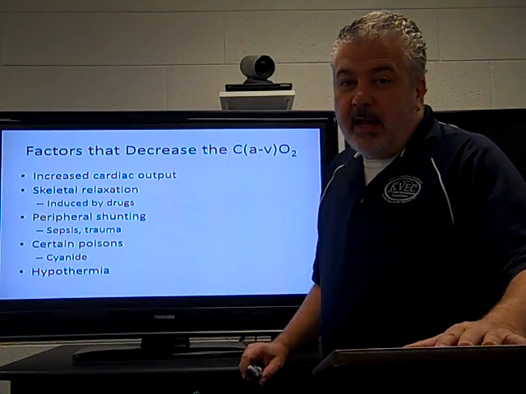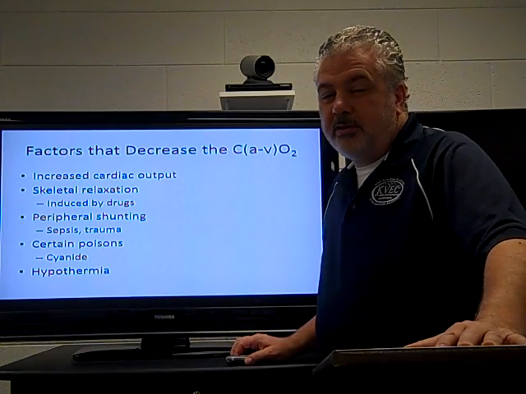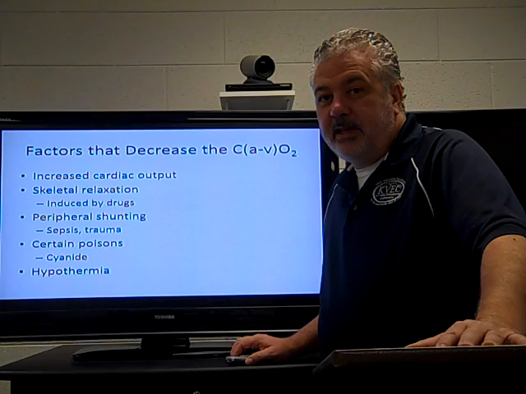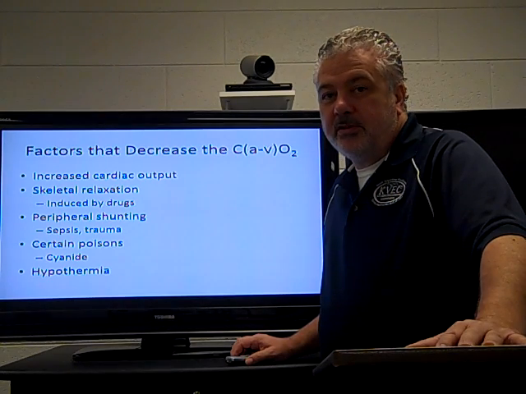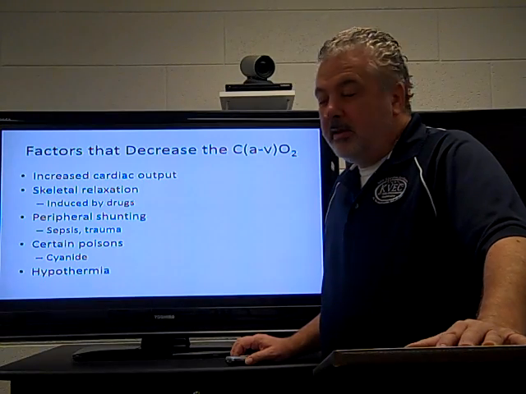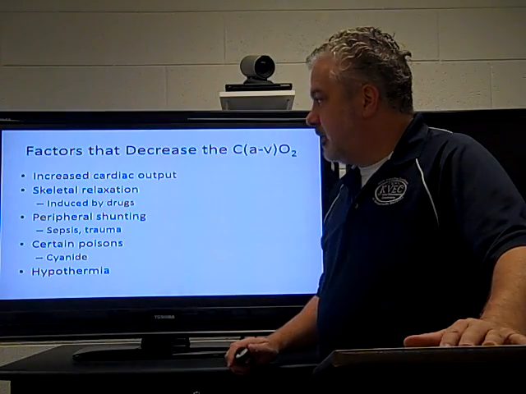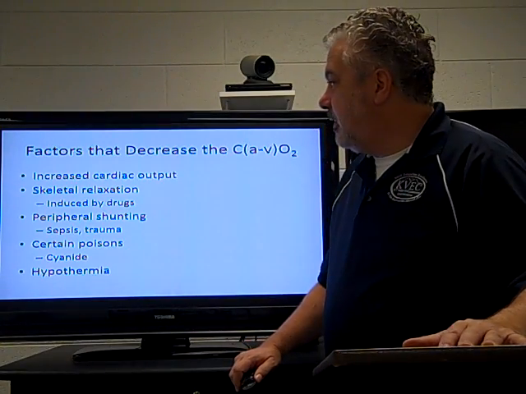That happens because the tissues' requirement for oxygen is decreased. There's less requirement for oxygen by the tissues when the body is hypothermic. So that's the main factor here. Decreased oxygen consumption is what you have.